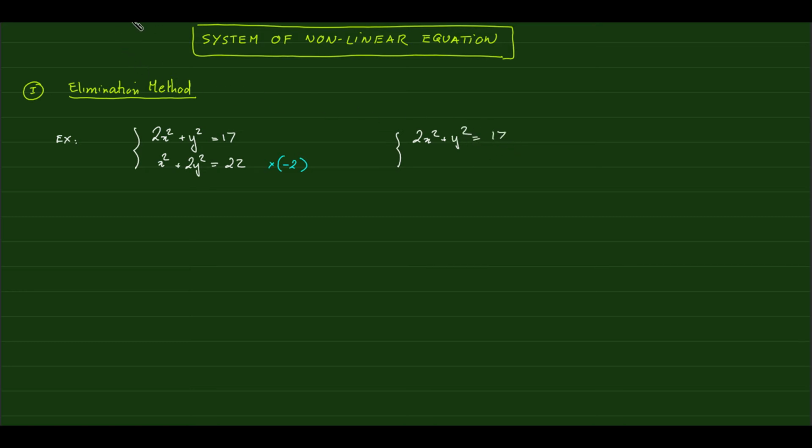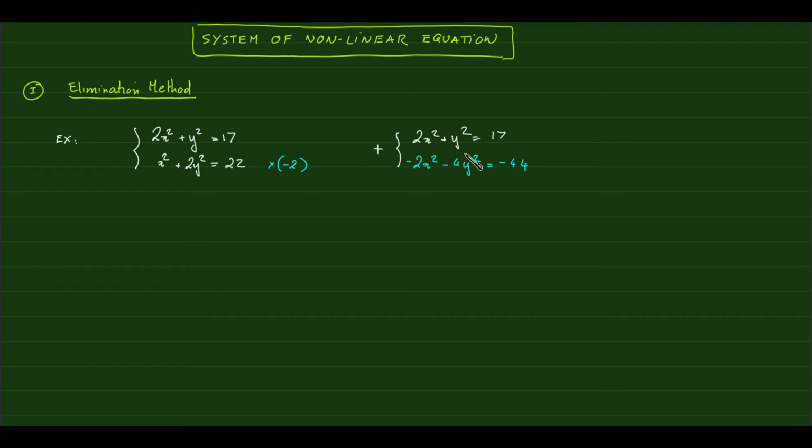I'm going to use a different color to demonstrate it. For the second equation, multiplied by -2, you have -2x squared minus 4y squared equals -44. You see the coefficients in front of x squared are the same and opposite, so we can add them up.